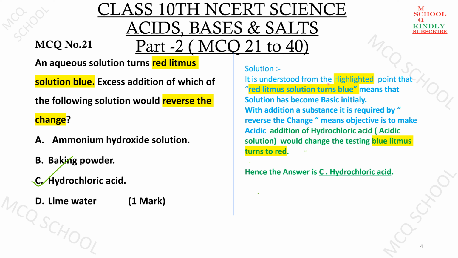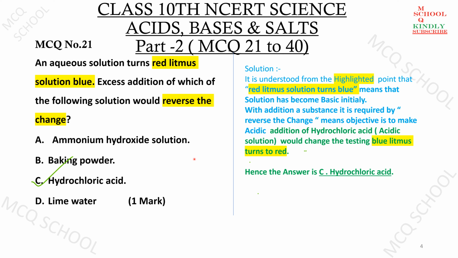It is understood from the highlighted portion. The red litmus paper turning blue means that the solution has become basic. With the addition of a substance out of these four, it is required to reverse the change such that blue litmus paper turns to red.